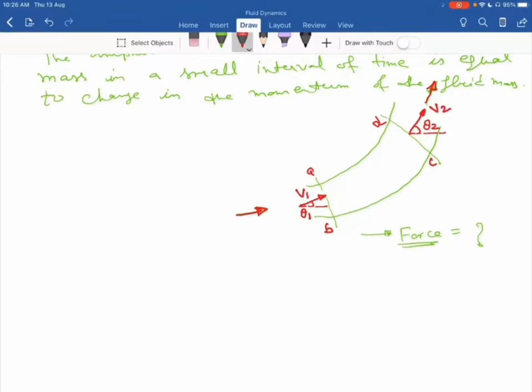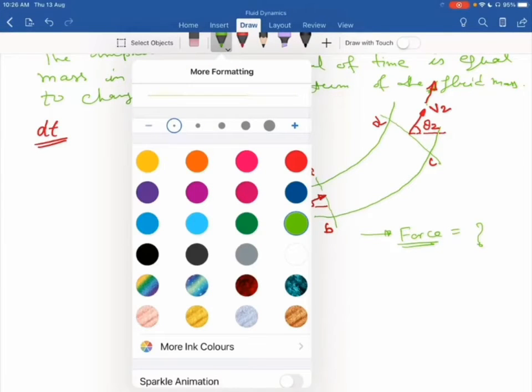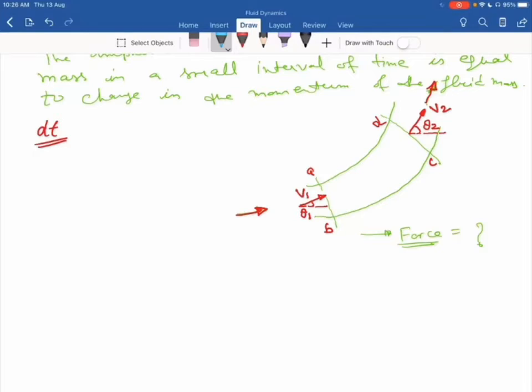Now say after time dt, the section AB moves to A dash B dash, and say that distance is ds1. Similarly, the section CD moves to C dash D dash, and the distance is say ds2.